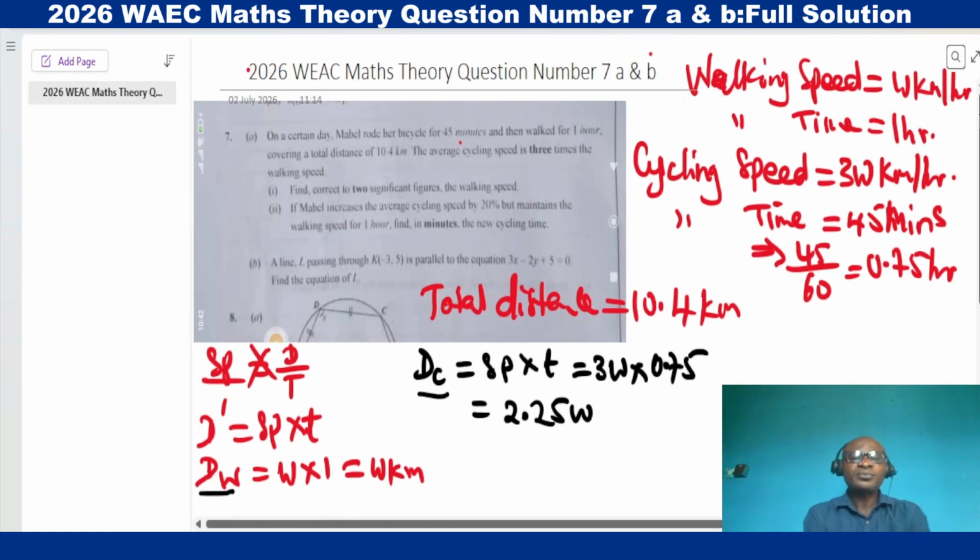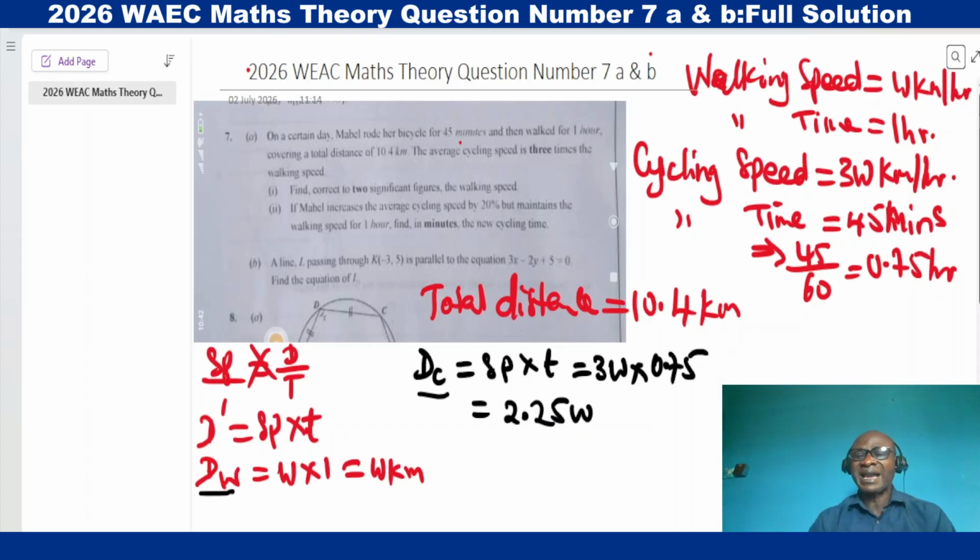All right. Moving forward to question AII: if Mabel increases the average cycling speed by 20%, but maintains the walking speed for 1 hour, find in minutes the new cycling time. That is, the new cycling time when the speed is increased by 20%.